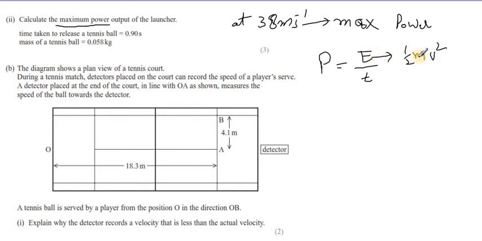So you put half mv squared here, divide by t, and you get the maximum power, which is equal to 46.5 watt. This is the maximum power.